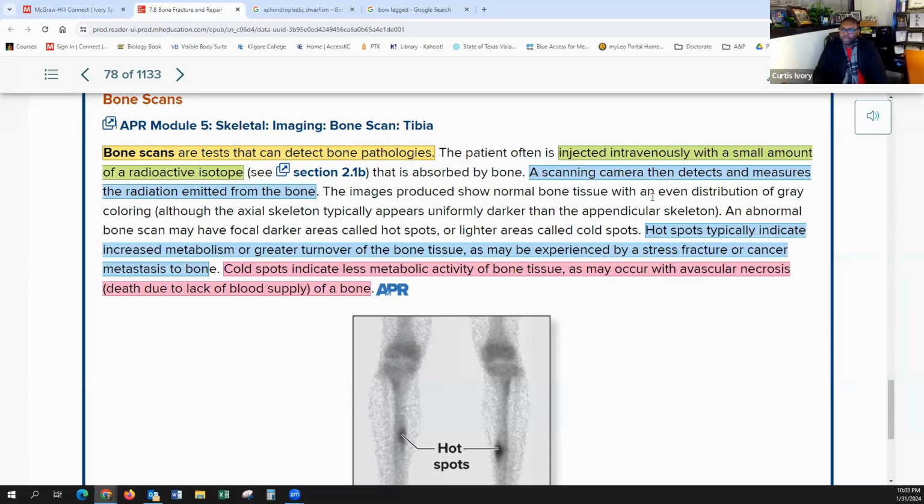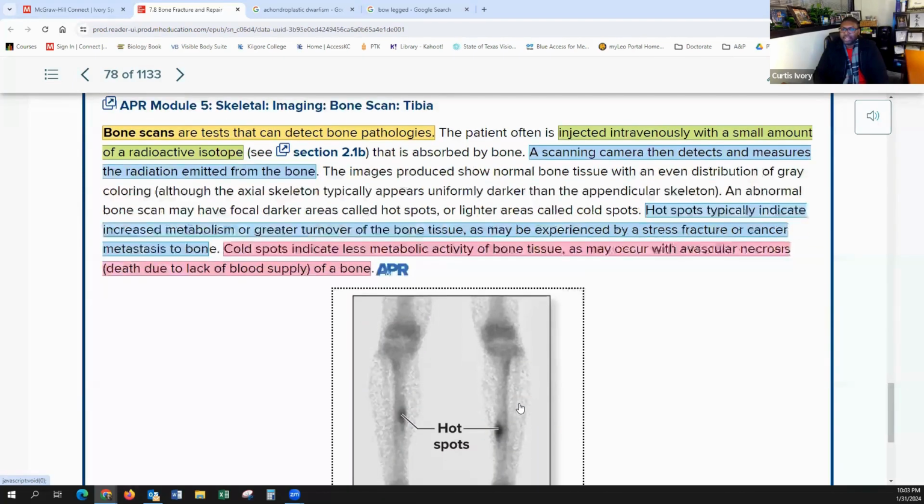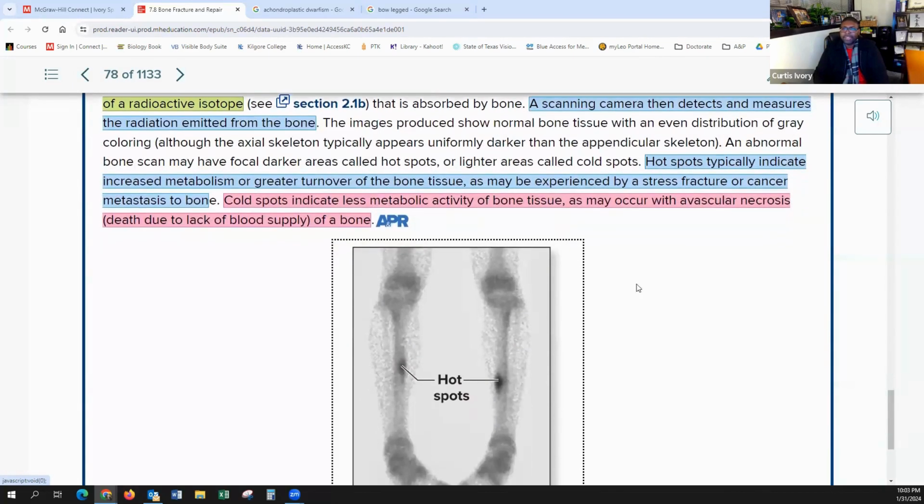So they're going to inject an isotope into you, and then use a certain type of machine, like an X-ray machine, that looks at the differences in your bone densities.